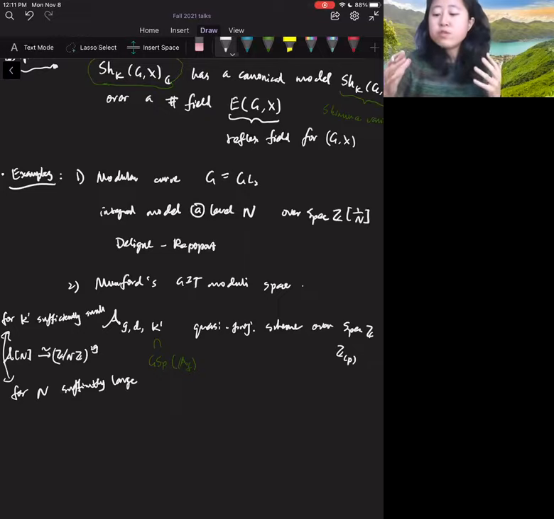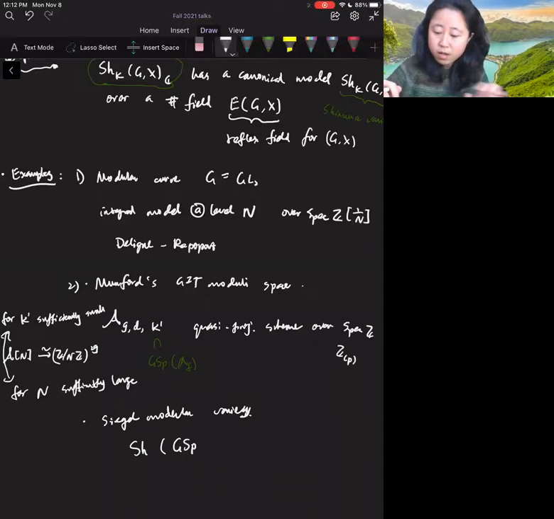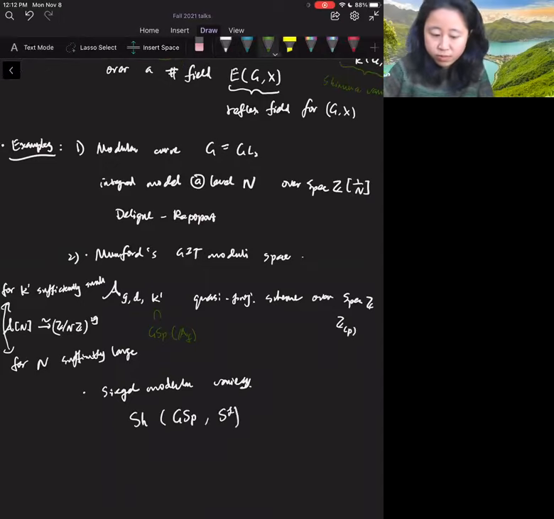But if you want to actually get a Shimura variety, you need to consider a slightly more refined moduli space, and that is the Siegel modular variety. So these are Shimura varieties associated to GSp, with GSp as your reductive group.